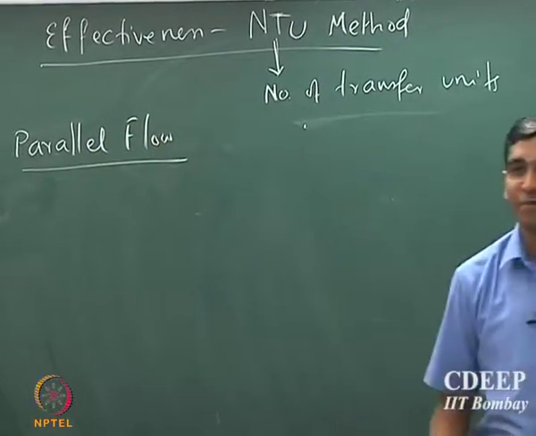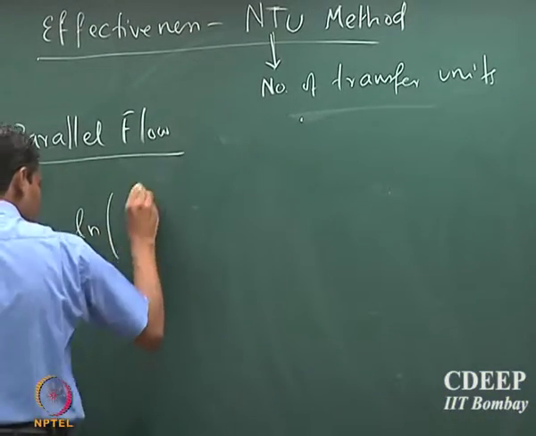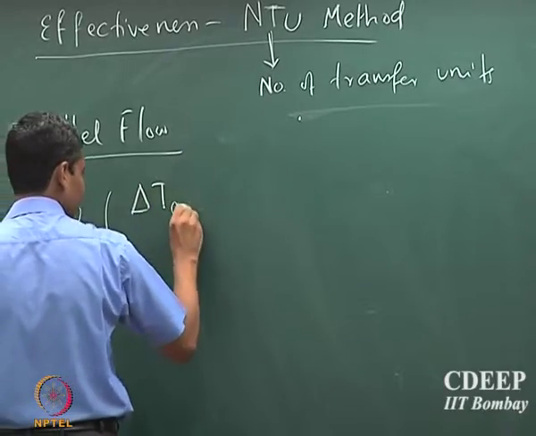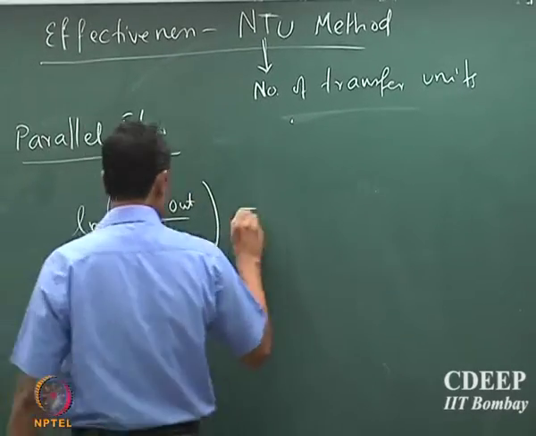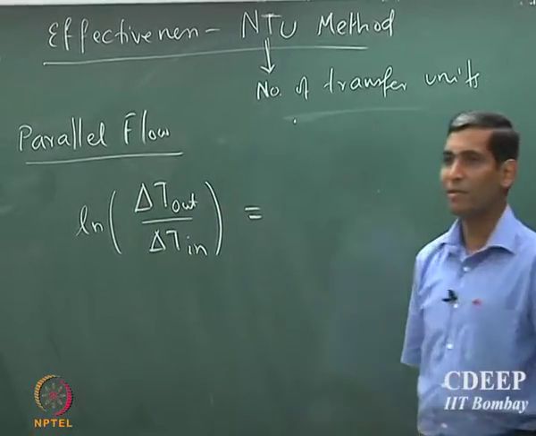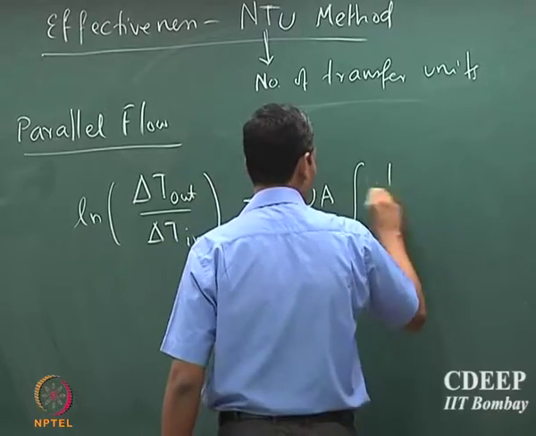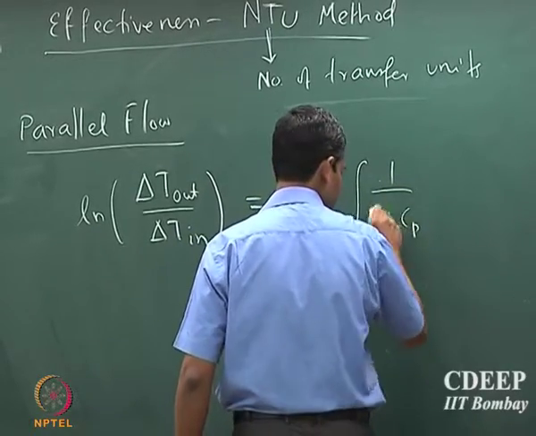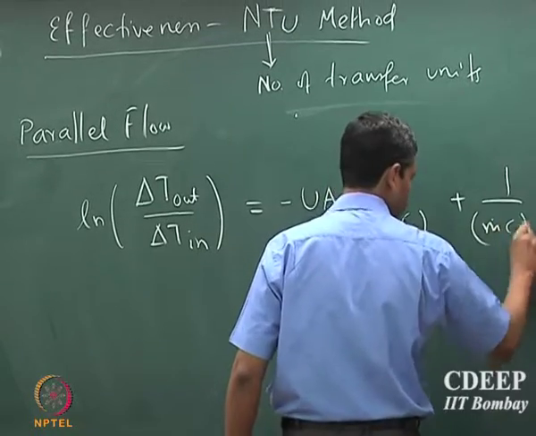You may recall from the last lecture, delta T is equal to, does anyone remember, minus UA into 1 by m dot Cp cold plus 1 by m dot Cp hot.